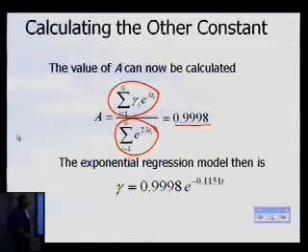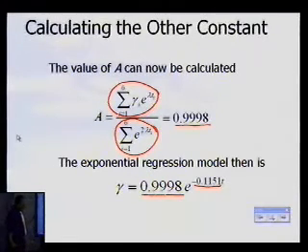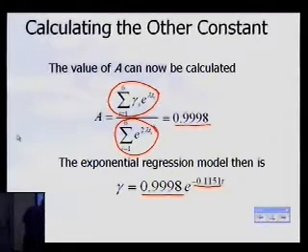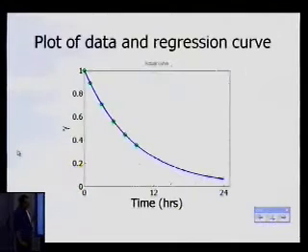So since I know the value of lambda, which is minus 0.1151, and a is 0.998, I've been able to calculate what the regression model is. Now the question arises that, if that's the regression model which I have been able to calculate, what is the value of the relative intensity after 24 hours?